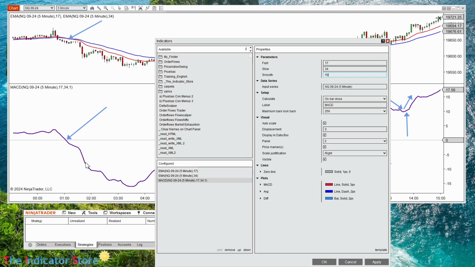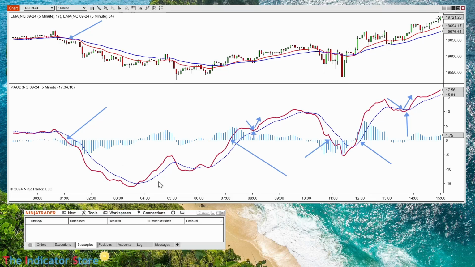So to this line, the MACD, the distance between these two lines, we smooth with an exponential moving average of 10, and then we get that dashed blue line. This line is the average of the red line of the last 10 bars.